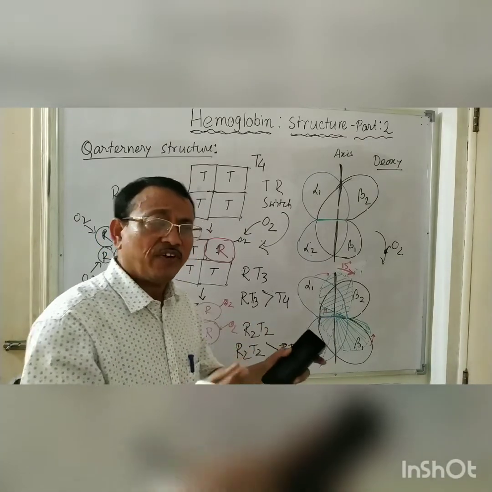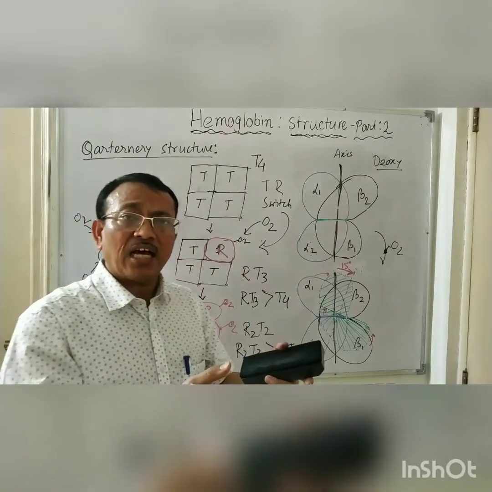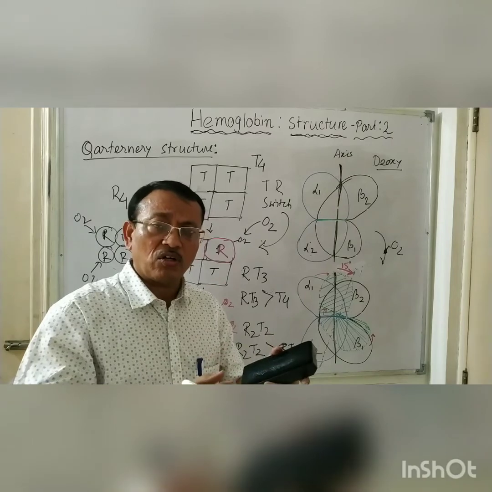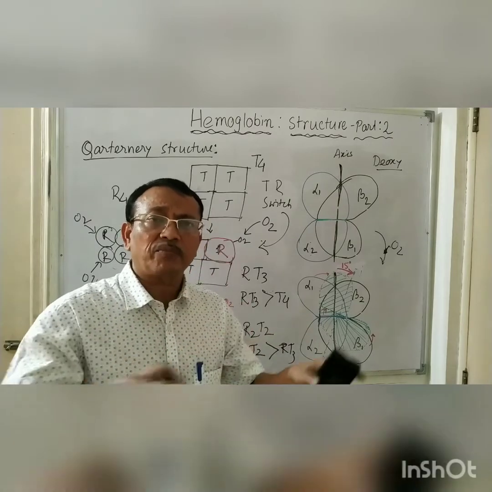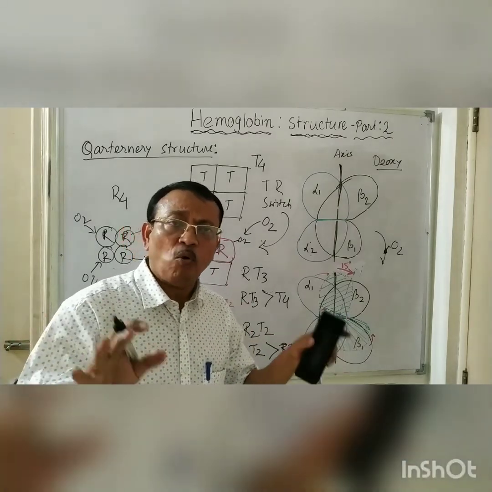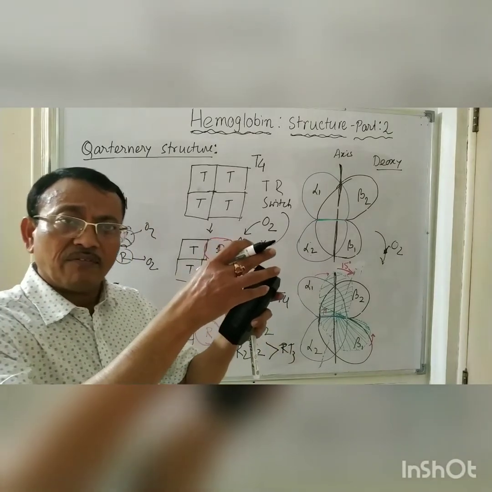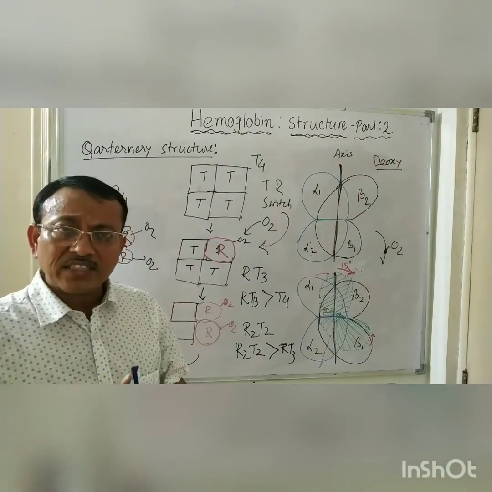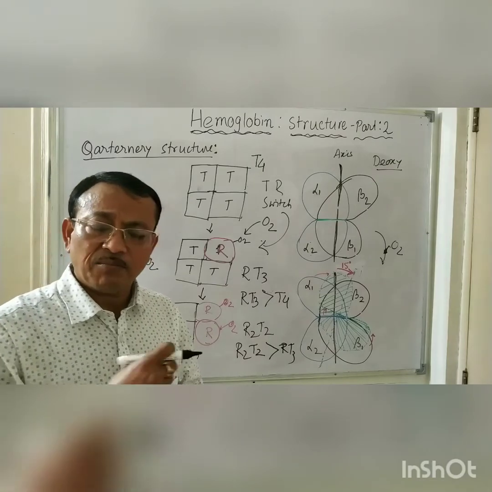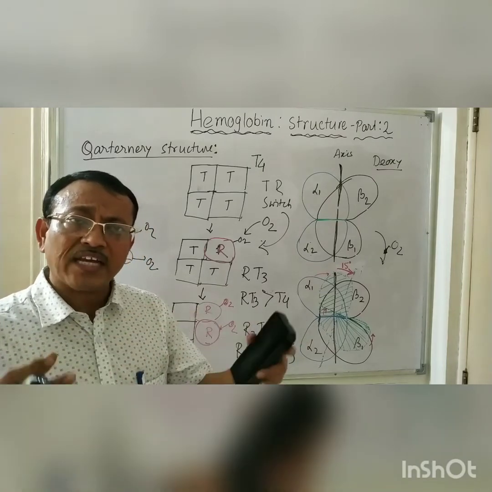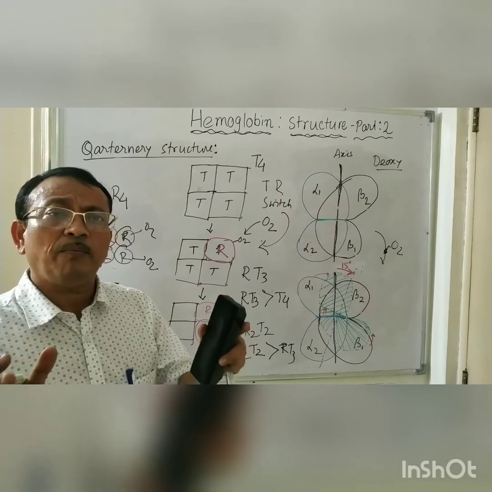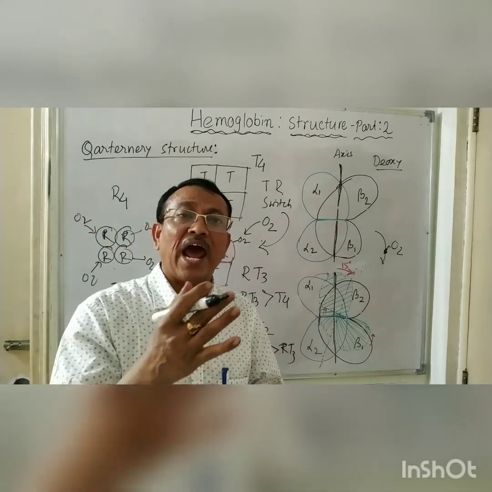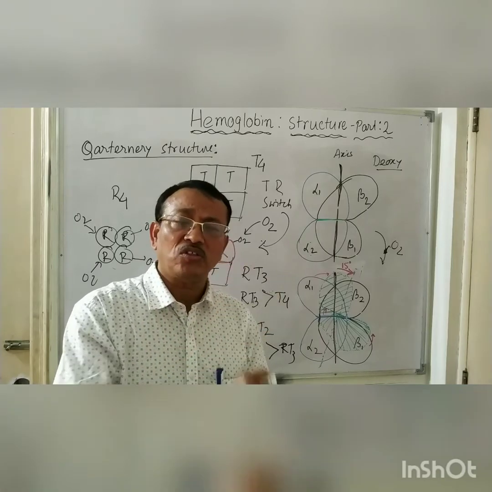And this configuration brings the ferrous molecule of the heme molecule towards the plane of the heme ring, and that pulls the proximal histidine of the globin chain towards the ferrous molecule, and this pulling action will cause the breakdown of the salt bridges by which other hemoglobins are attached or bound.